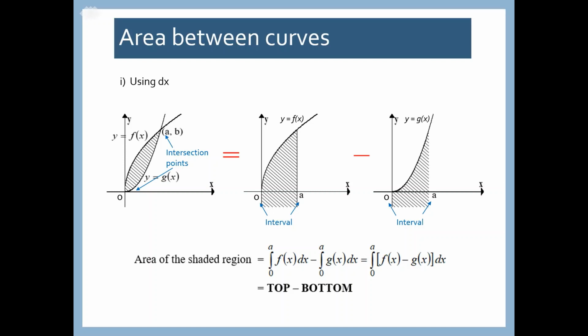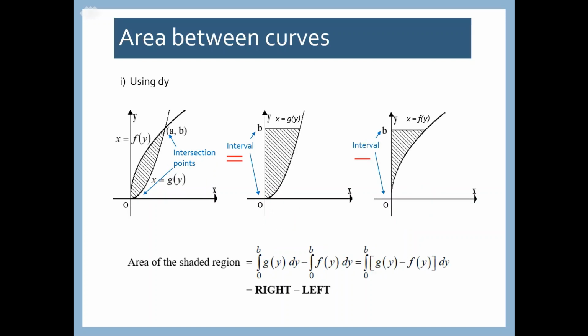To find the area, basically you need to minus the area of the top function f(x) with the area of the bottom function g(x). That is, integrate f(x) with respect to x minus integrate g(x) with respect to x over the interval. The second case is we want to determine the area between x equal to f(y) and x equal to g(y).